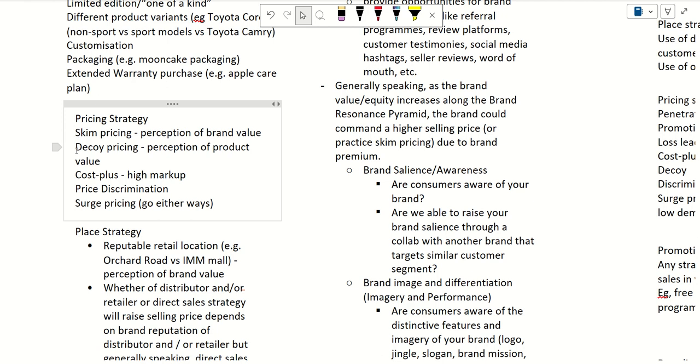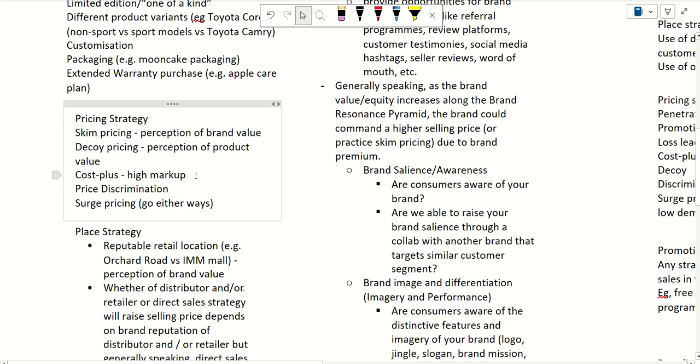Same thing for decoy pricing, though it is slightly different. I wrote product value rather than brand value because decoy pricing means that you have different variants and you're encouraging people to buy a particular variant. That product variant must have a product value that is slightly higher than the other two that are presented as decoys.